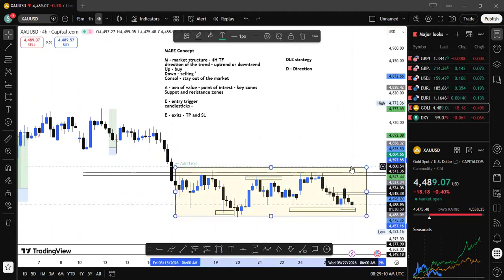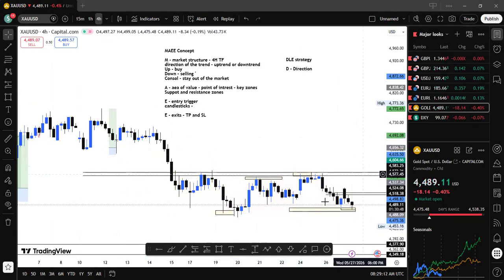So we drew our support and resistance zone, and here was good because the price tested here. We put our support zone here, waiting for the price to come back to retest this point. Then we can look for an uptrend, a buy opportunity.